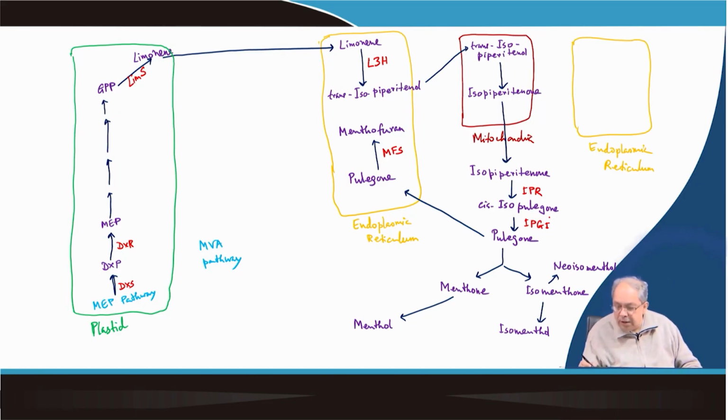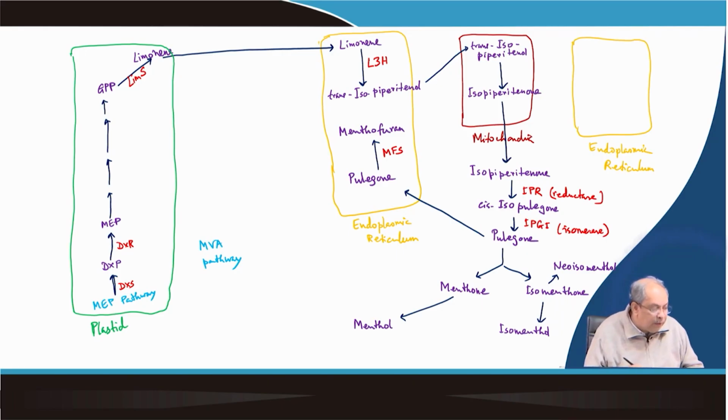So, R is basically reductase, and this is basically isomerase. Okay. And IPDH is also there, which is basically a dehydrogenase.